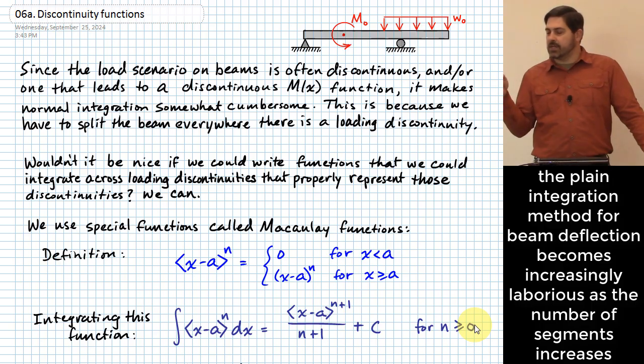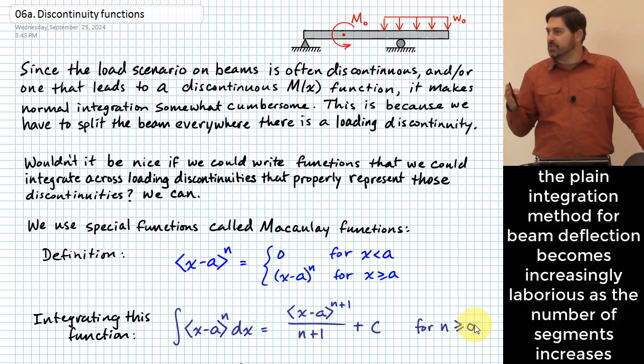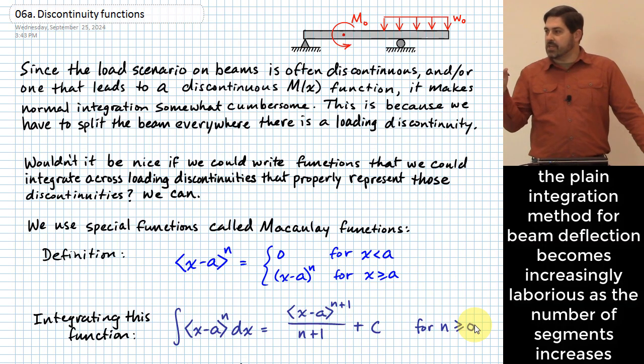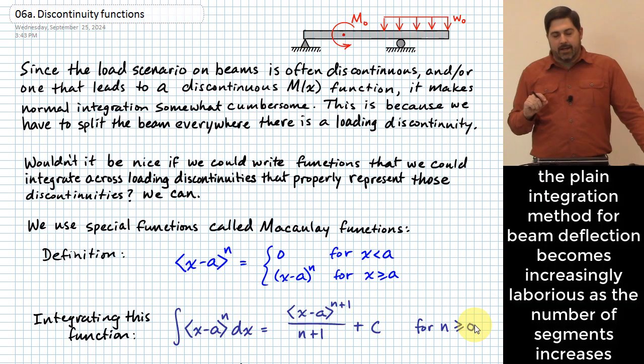Any place in the loading configuration where we have a discontinuity, those become places where we are required to split the beam up at those locations and treat each of the little segments with its own, let's say, bending moment function that we will then begin to integrate and all that.